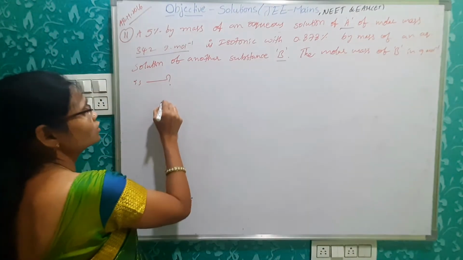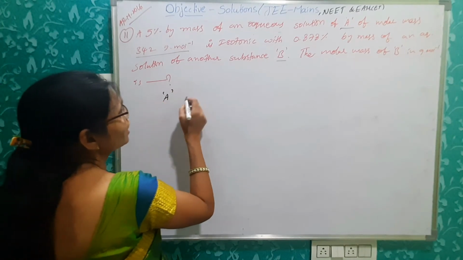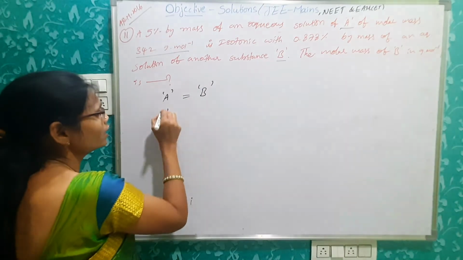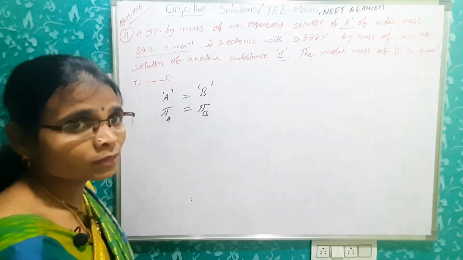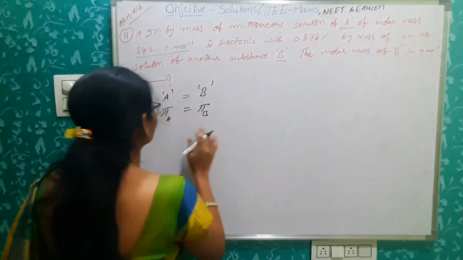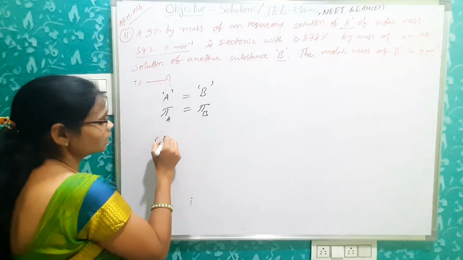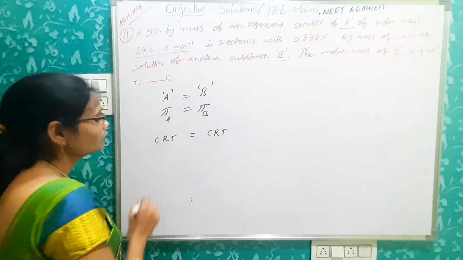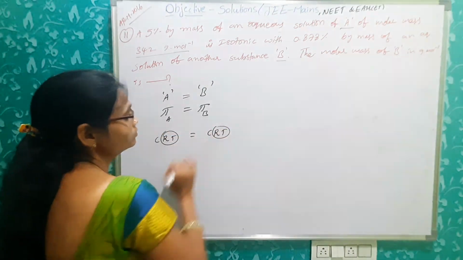The solutions of compound A and compound B have the same osmotic pressure, which means isotonic solutions. So pi is equal to what? CRT. Here also CRT, so simply ignore RT.